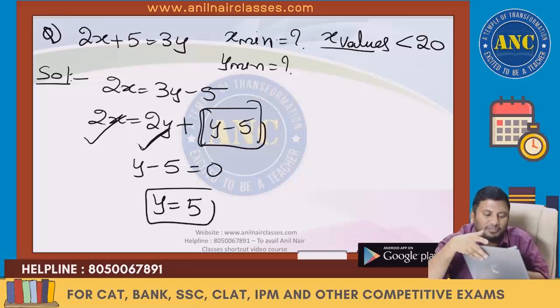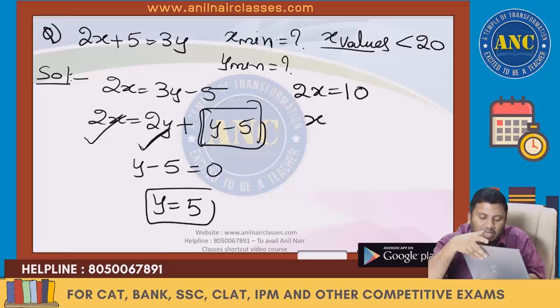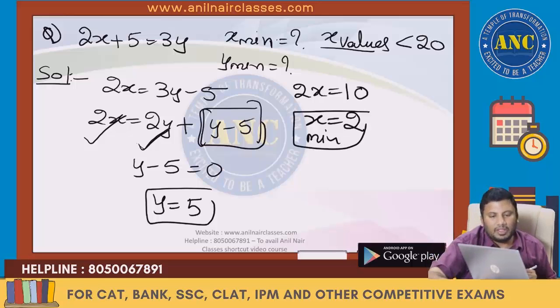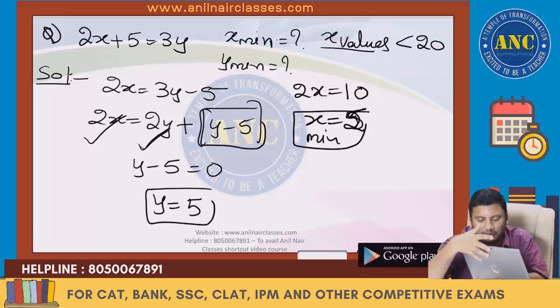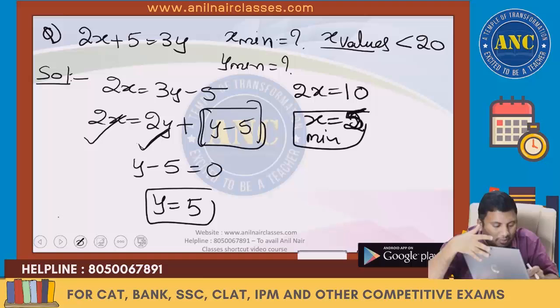If y is 5, 2x will become 15 minus 5, 10. X value is 2. X minimum value is 2. Y minimum value is 5. Wait, sir, x minimum is 5. Why did I write 2? X minimum is 5.